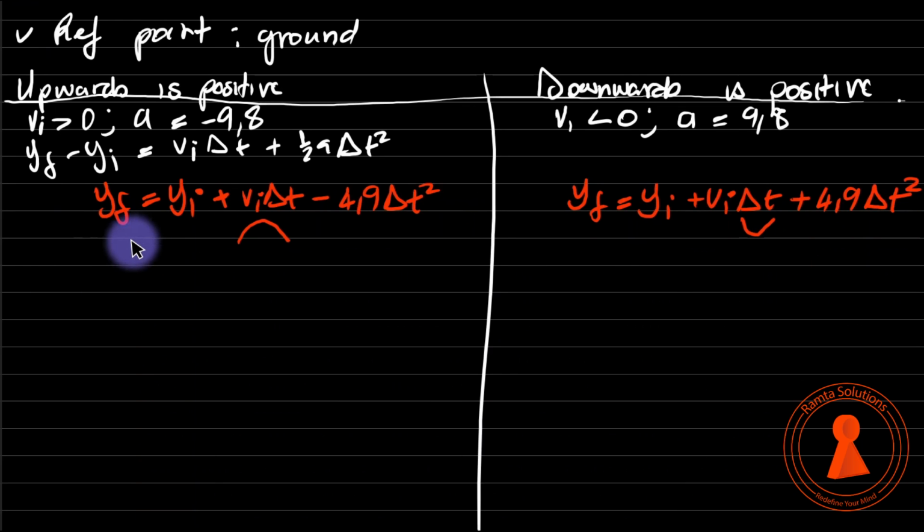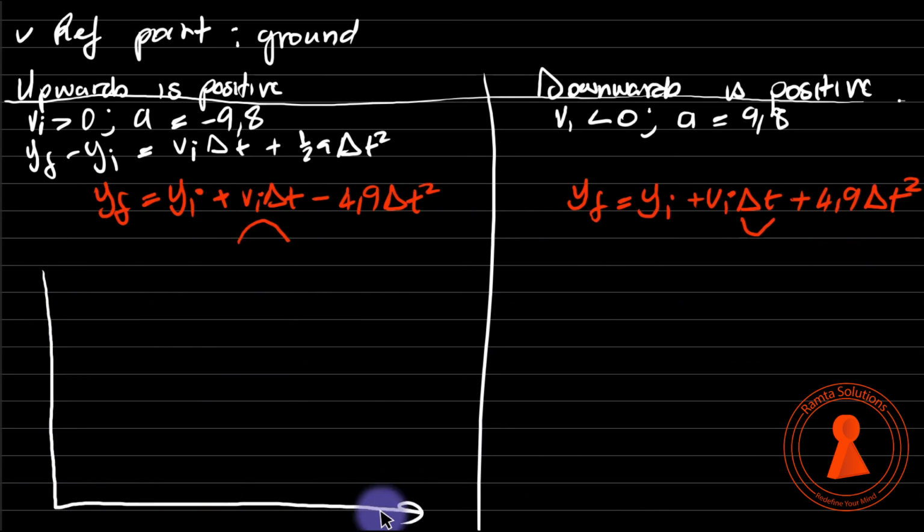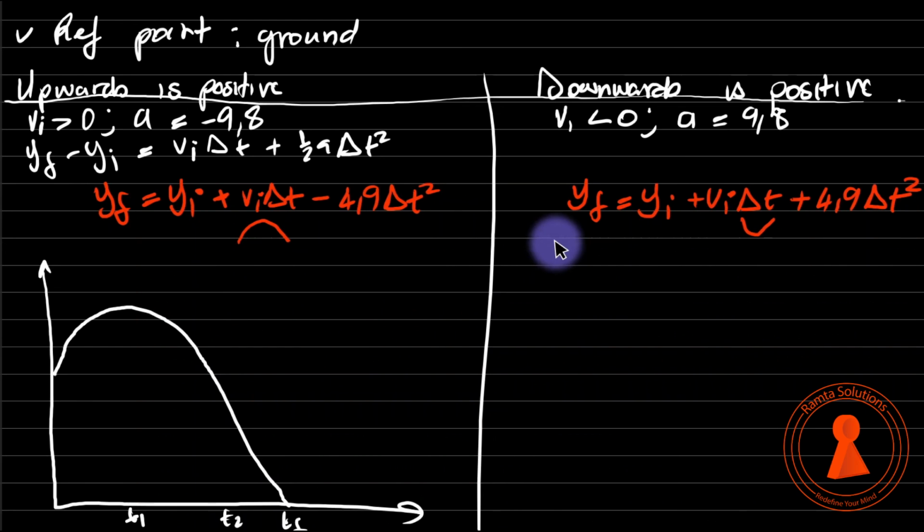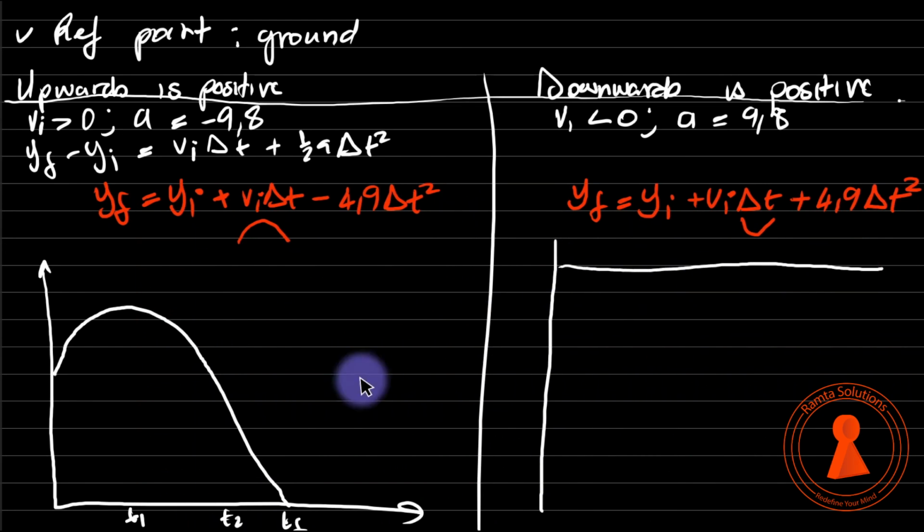So let's see. The ground is reference. Now since the ground is reference, I like this one. This is where the object starts. Initial point, ground. Okay, remember T1, T2, and then a T final. Y-axis, T-axis.